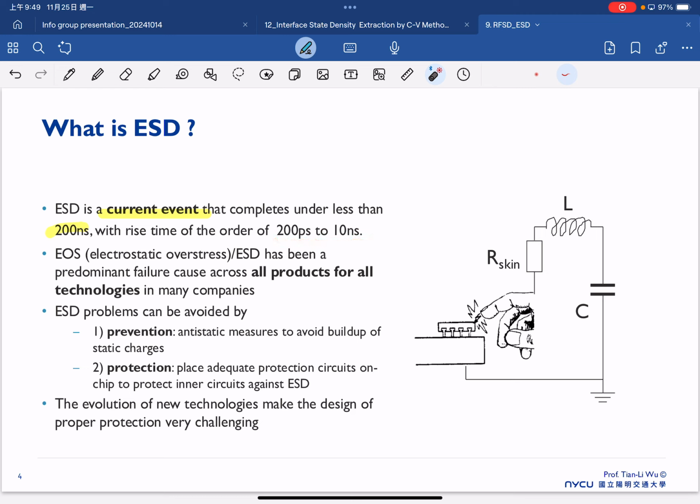We sometimes also call this electrostatic overstress, or ESD, a predominant failure cause across all products and all technologies in many companies. This is another illustration: because your hands have some charge, once you touch your IC, you can cause the triboelectric phenomenon, and that will cause the discharging.